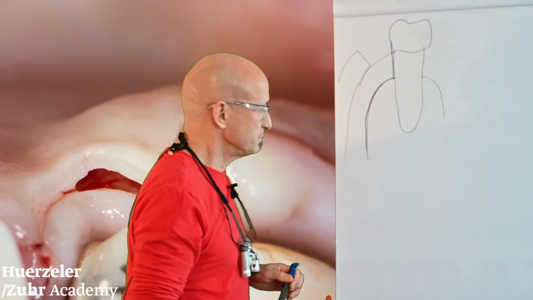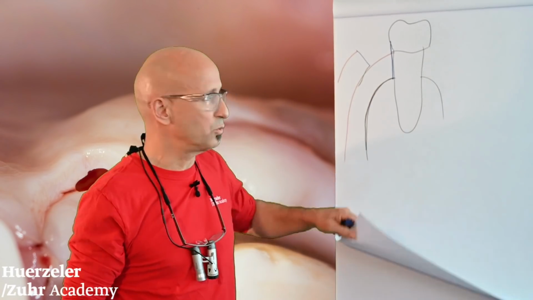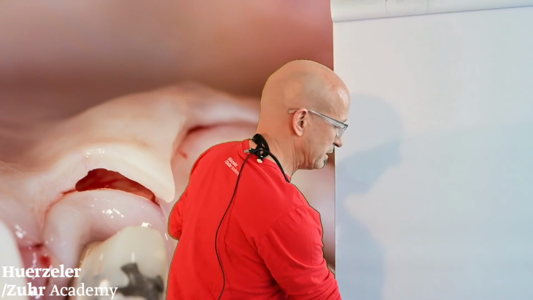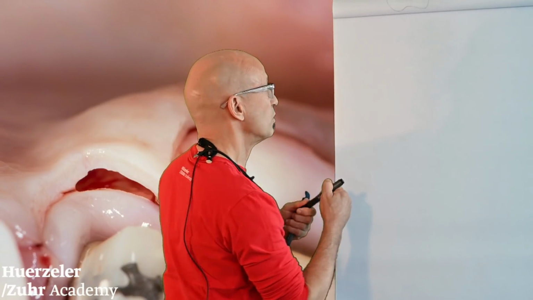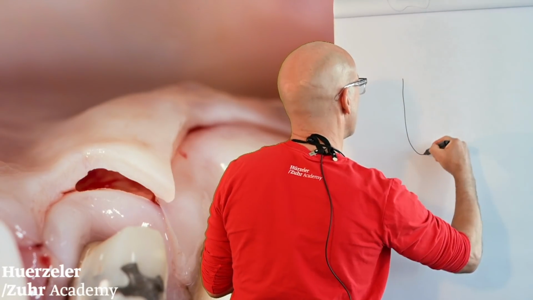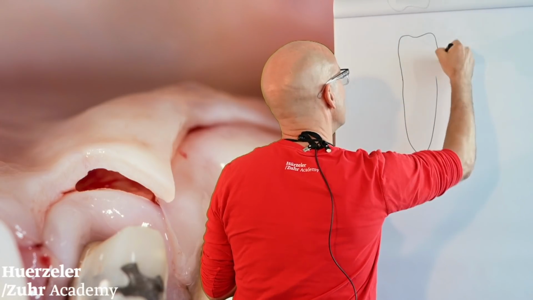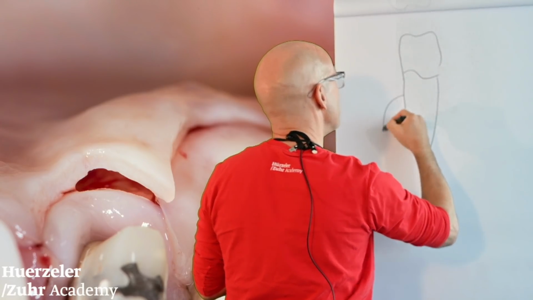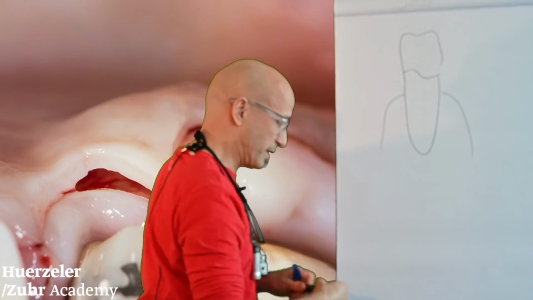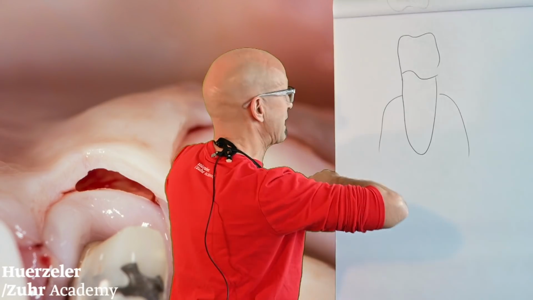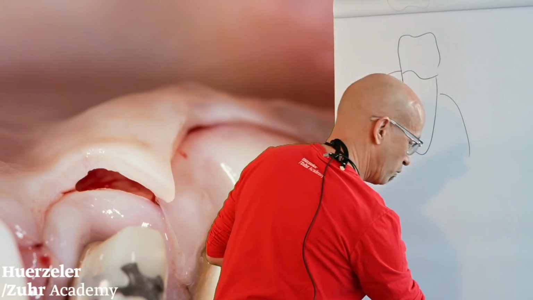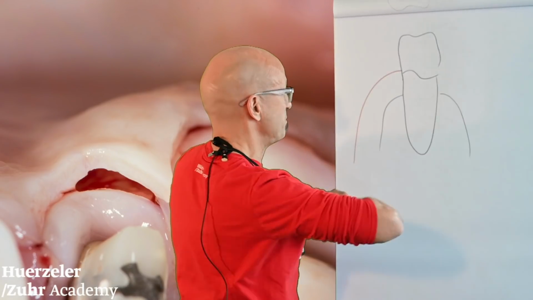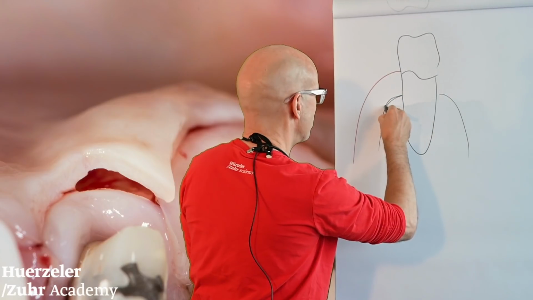So when we go back again to our diagram and think about what is written very often in periodontal books, we go back to the classical situation in the posterior area where we plan to do maybe a split thickness flap.